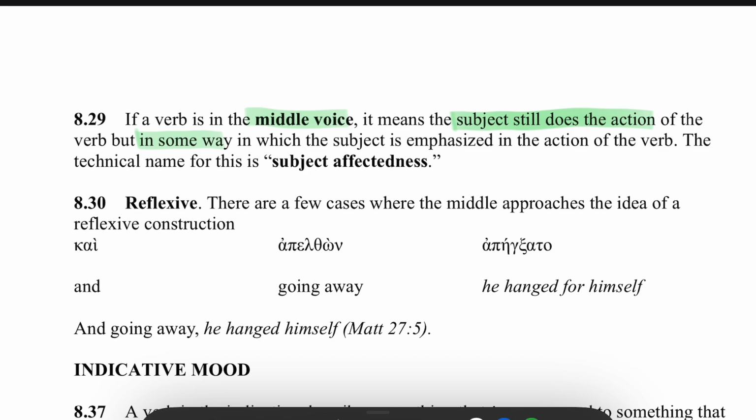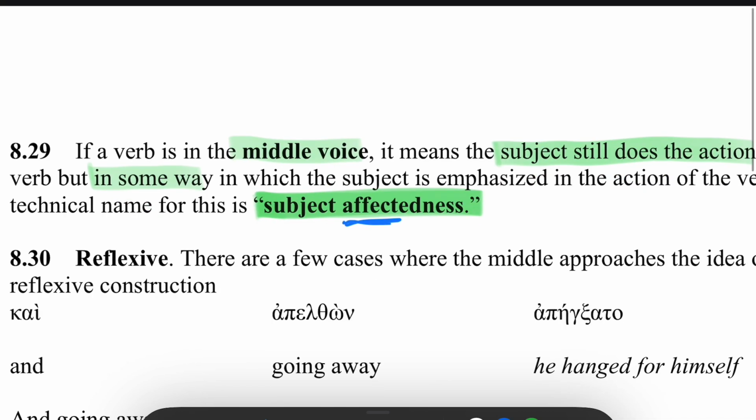The technical name for this is subject affectedness. The subject is affected by the verb. So you can diagram this way. It's kind of the verb's happening, but in some way, and that's more of a reflexive idea.